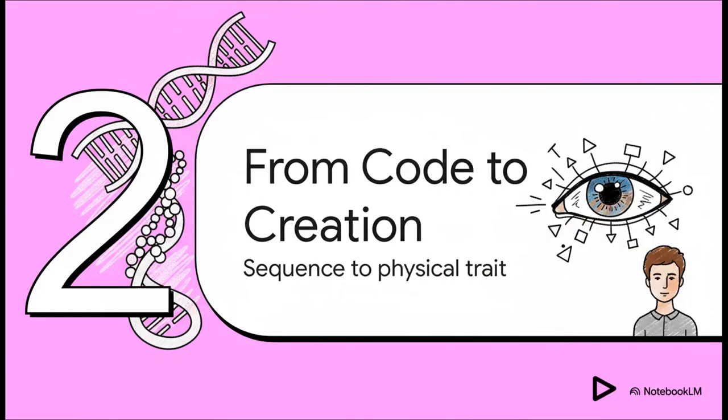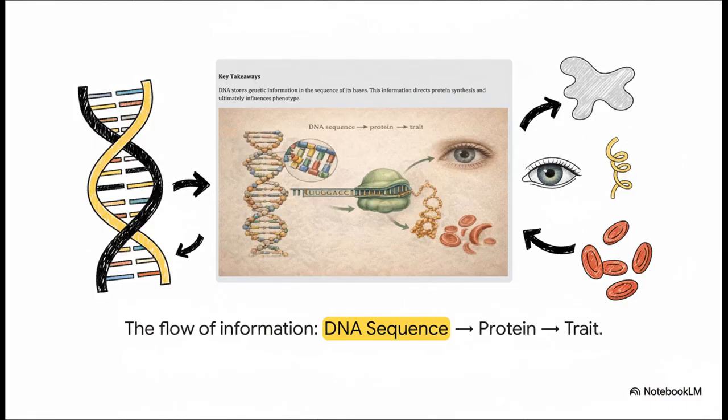So, okay, how does a simple sequence of letters translate into something real, something physical, like the color of your eyes? Let's follow the trail and see how the code actually becomes creation. Well, it happens through a really clear chain of command. A specific DNA sequence contains the instructions to build a specific protein. That protein then goes and performs a job in the body, which results in a physical trait.